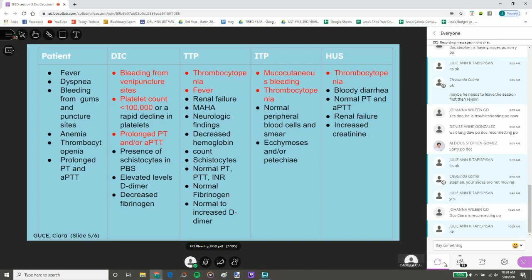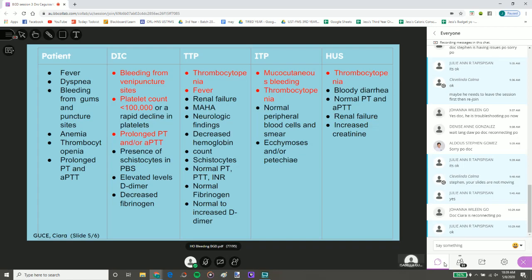For the hemolytic uremic syndrome, the patient manifested with thrombocytopenia. However, he did not manifest any bloody diarrhea, and his PT and APTT scores are increased.